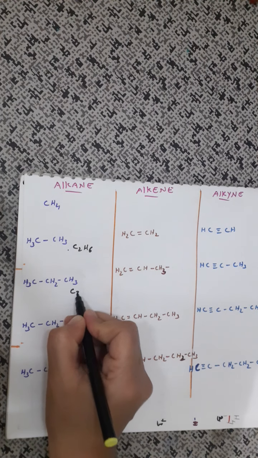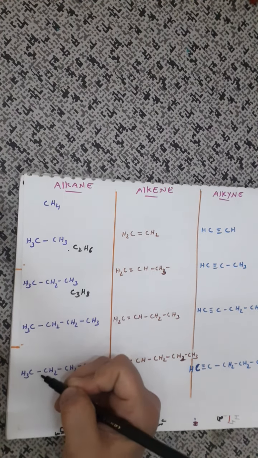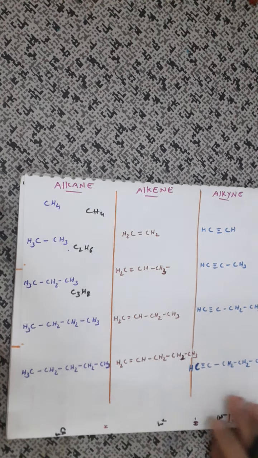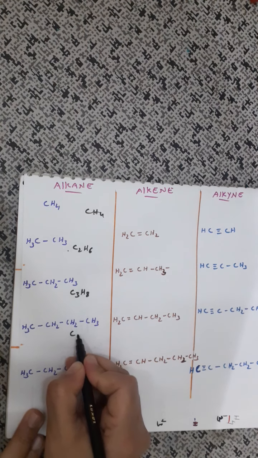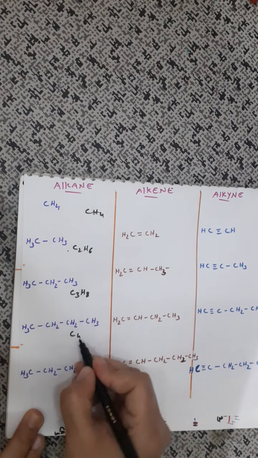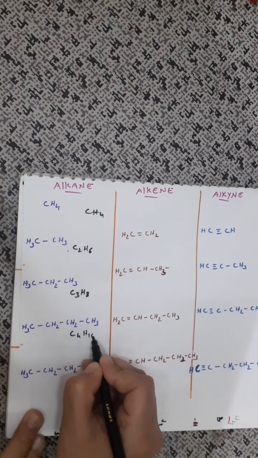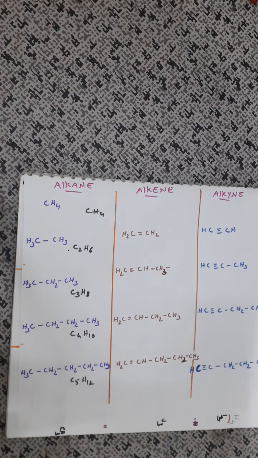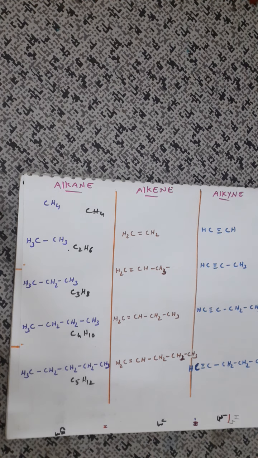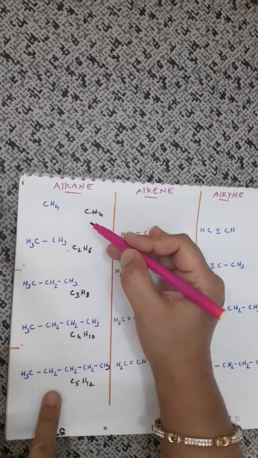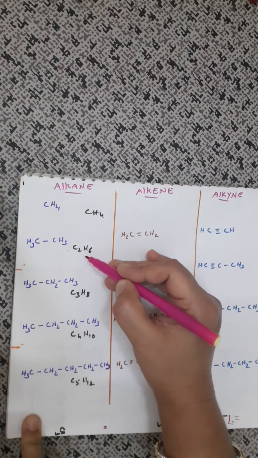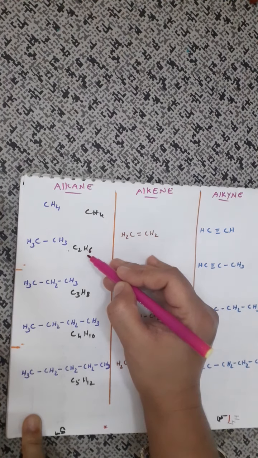Similarly, next is C3H8. That is propane. The first compound is methane, CH4. Then butane is C4H10. Then pentane is C5H12.